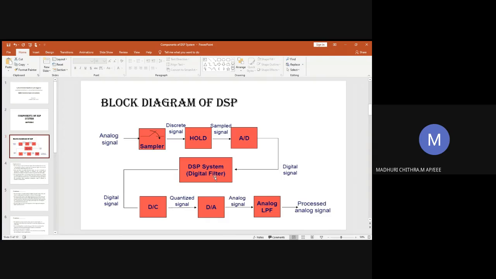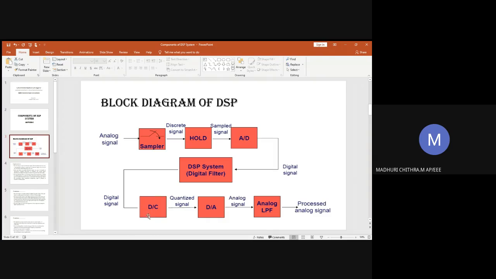We want to know the information about the signal, so by using digital filters or the DSP system, we get knowledge about the signals through proper digitalization techniques, and the digital signal is then given to the converter.